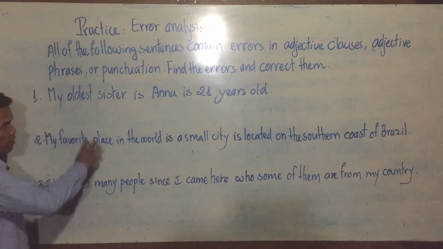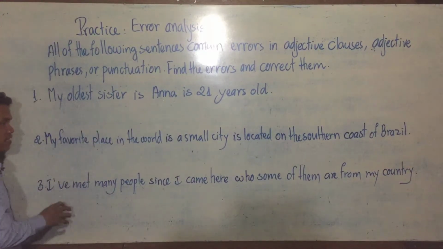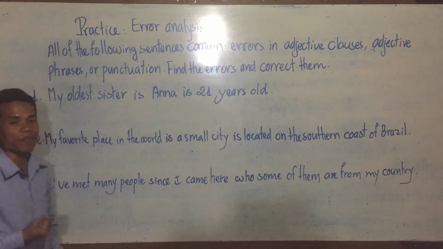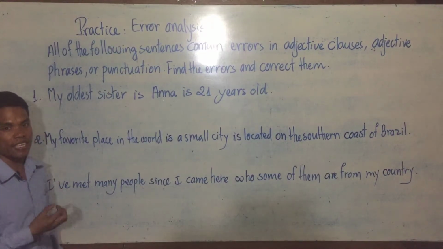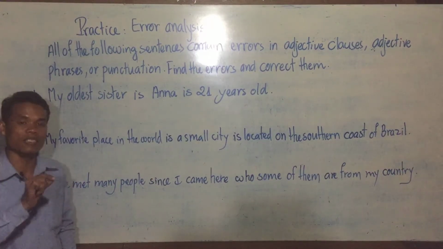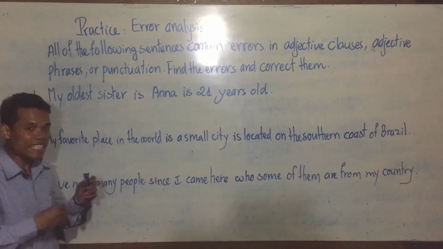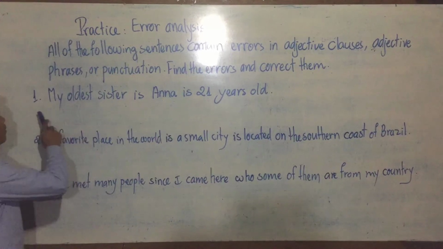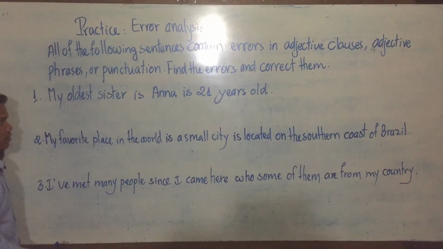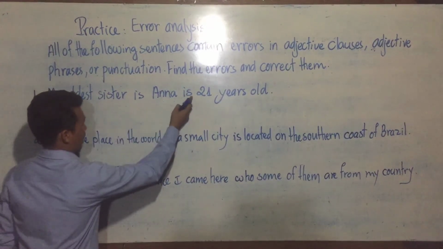After seeing all the sentences here, can you give me the answer? The answer here refers to the error encountered by you, and then you can correct it. Number 1. Which one is the error? Is and is.